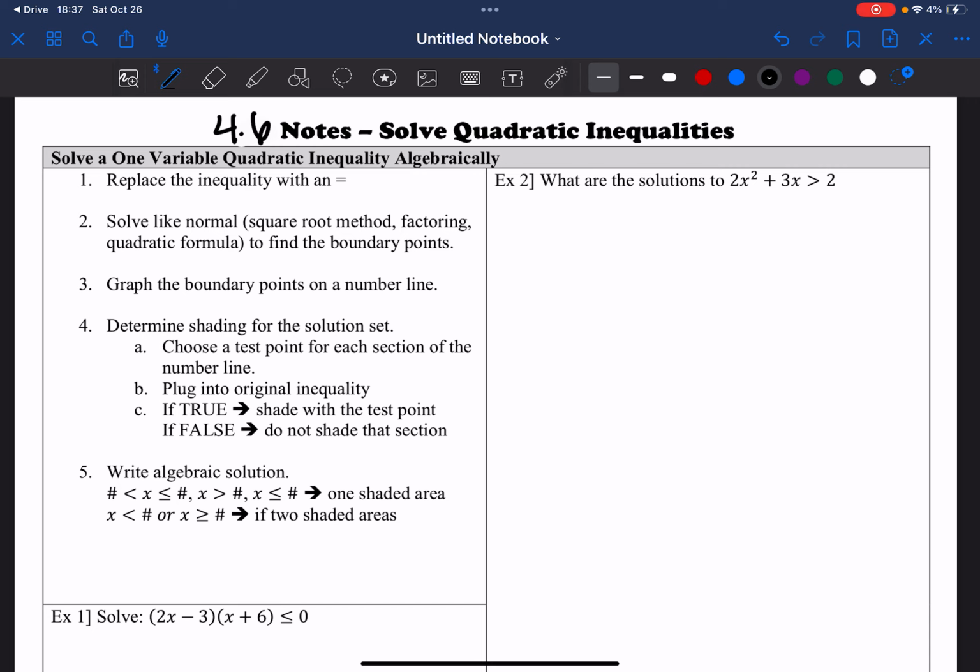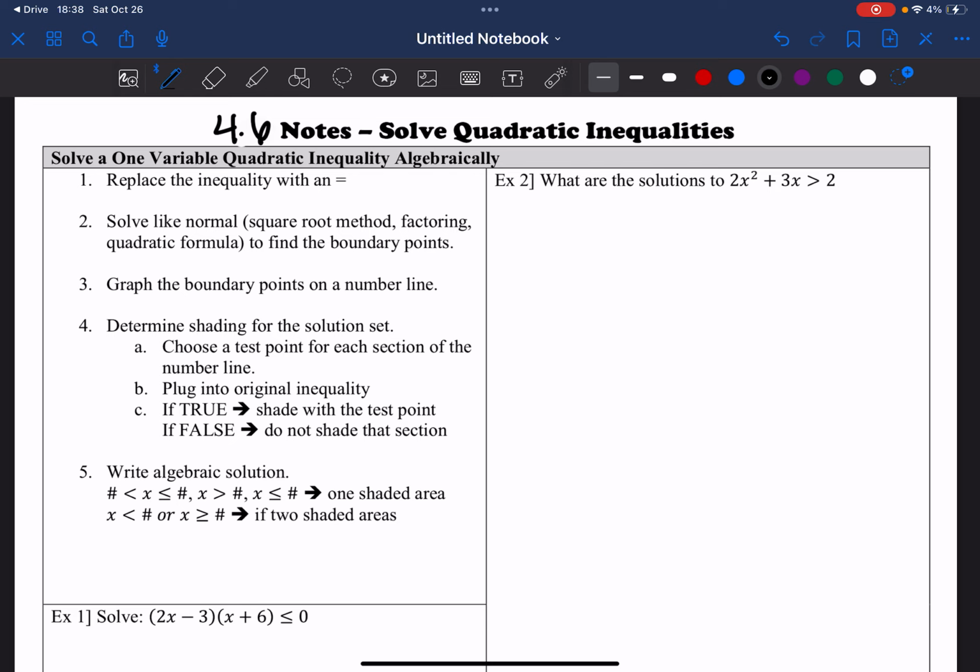If false, we do not shade that section. And then lastly, we're going to write our answer using the inequality symbols to establish the solution for the quadratic inequality.